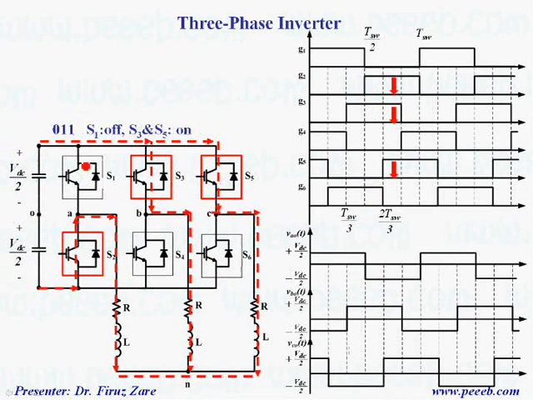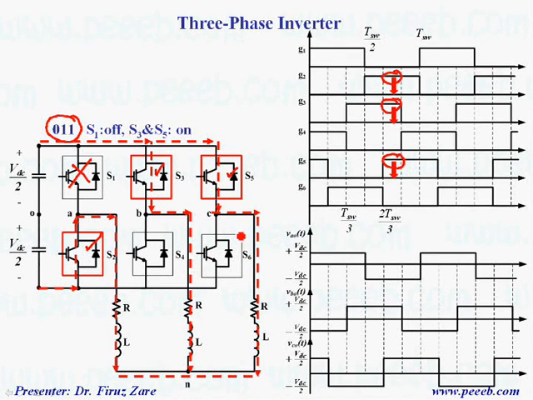If you look at the next switching state, which is 011, again this switch is off and these switches are on, and these are the gate signals for S2, S3 and S5.